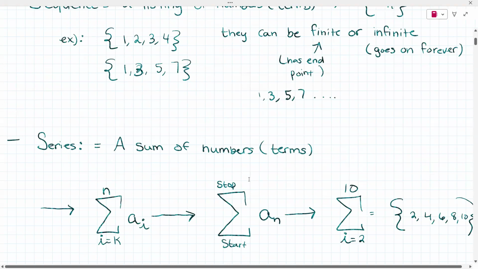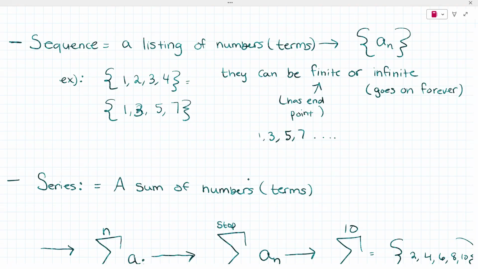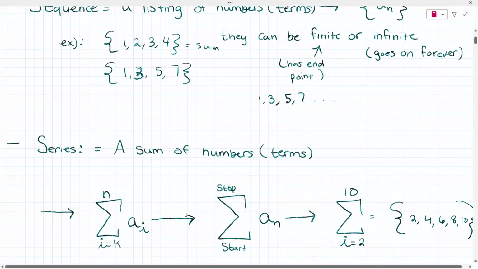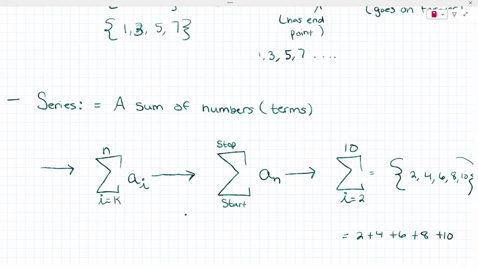A series is a sum of these numbers. So imagine adding up all these numbers, 1, 2, 3, 4, 5, that will give us your sum. A series is a sum of numbers, and it has this symbol, sigma. This symbol means series, and this number here is your starting point, and this number here is your ending point.